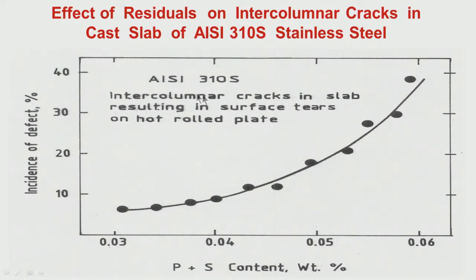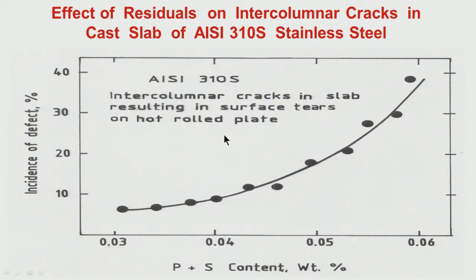So, these 310 slabs have been rolled to plates and it has been found that there are a lot of surface tears, that means surface cracks, maybe fine or maybe slightly deep, slightly longer cracks. These are basically originating from the internal intercolumnar cracks in the slab, which exist in the subsurface or at internal locations of the slab, and which come to the surface during hot rolling.